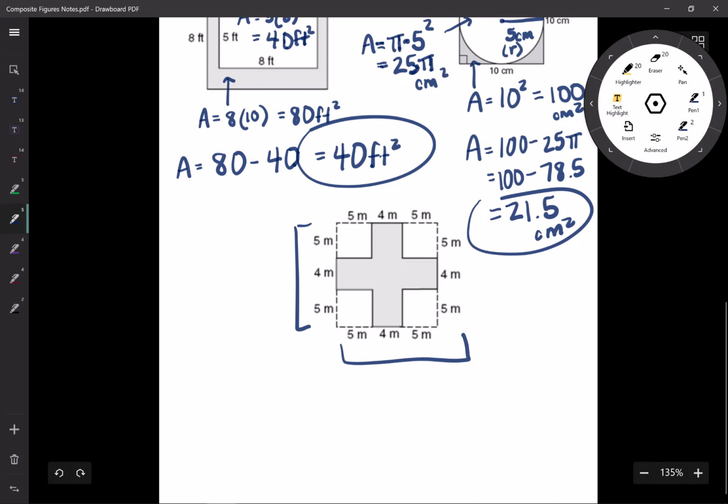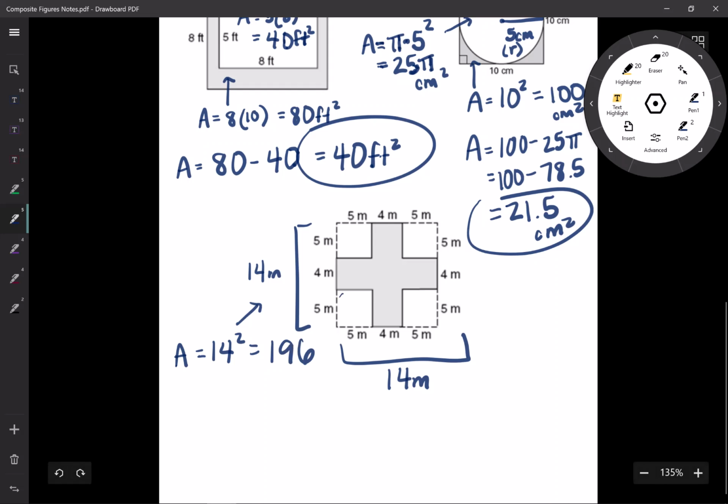Same thing here. It would be 14 meters by 14 meters. So the area of the square would be 14 times 14. And then that would just be 196.